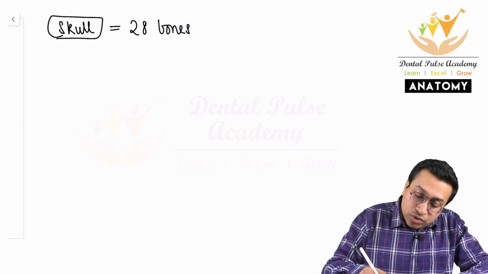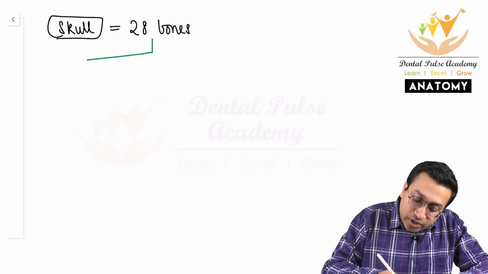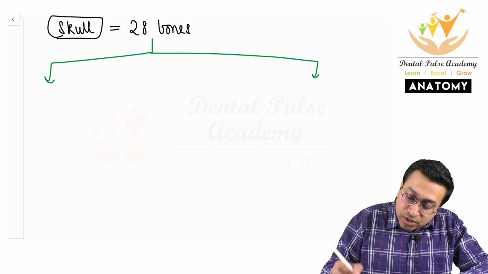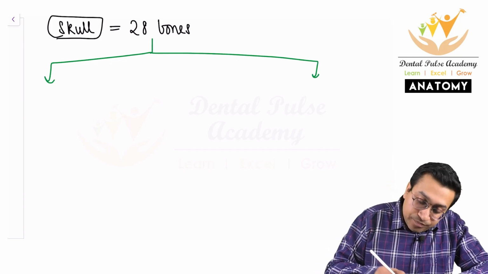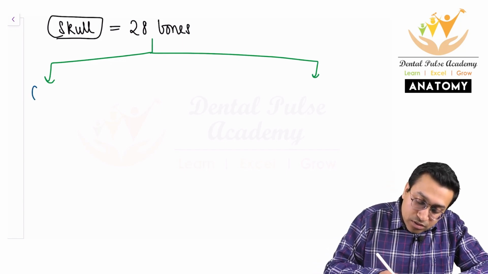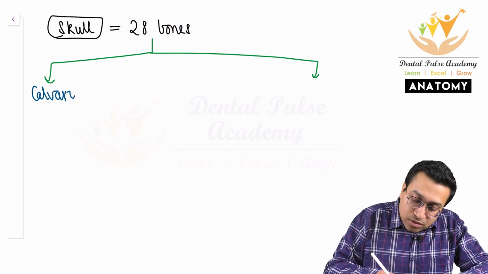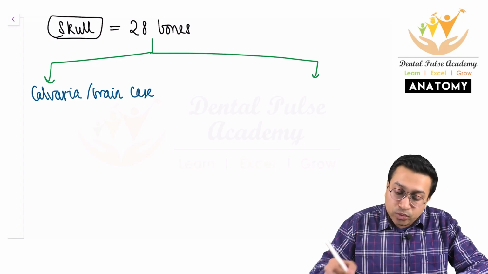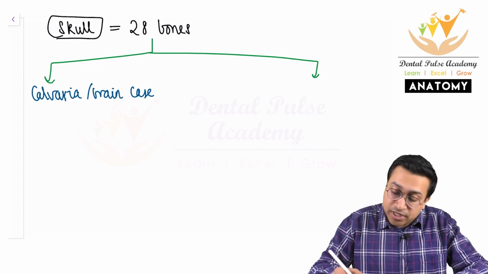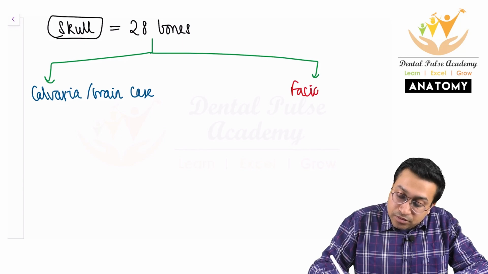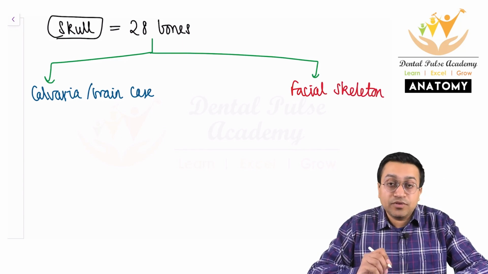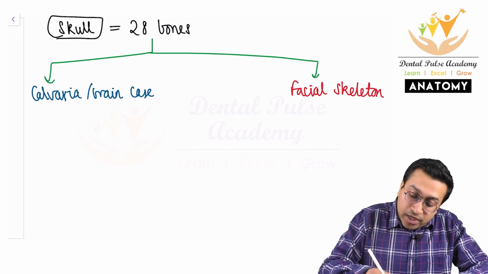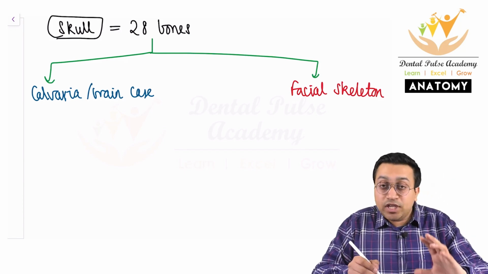This 28 we can divide into two parts. Number one is the calvaria, or the brain case, and number two is the facial skeleton. Each of them has 14 bones.